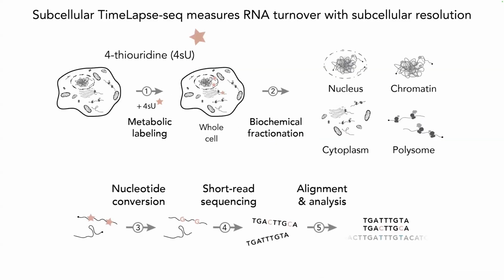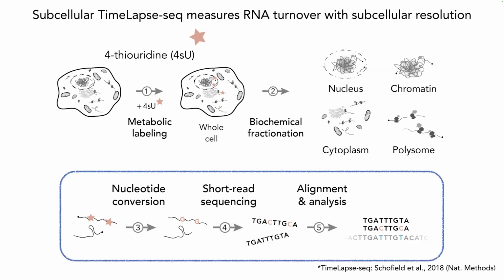And then we use nucleotide conversion chemistry, which basically adds a bulky adduct to the 4-thiouridine that, upon reverse transcription, converts that uridine into a G, and then when you sequence and align it, you get T to C conversions that you can identify bioinformatically.